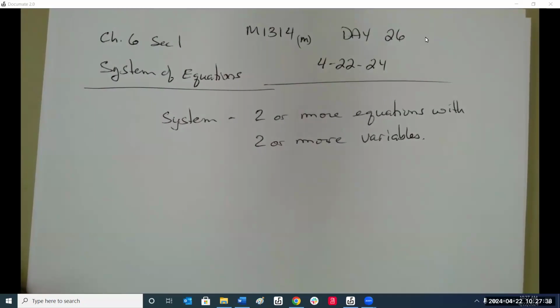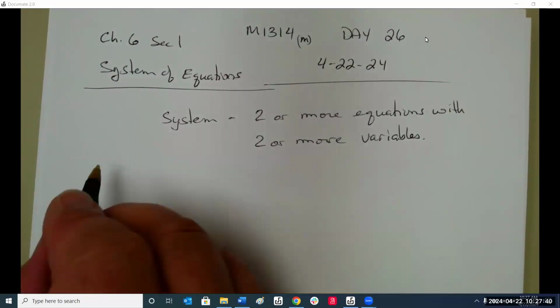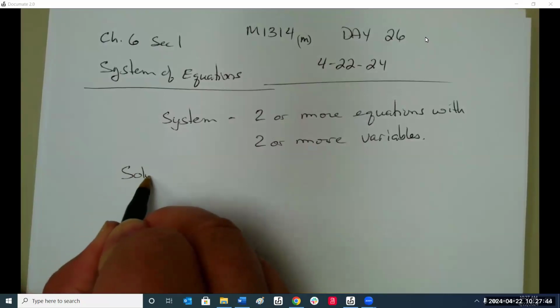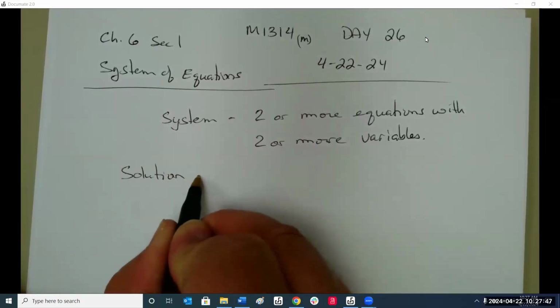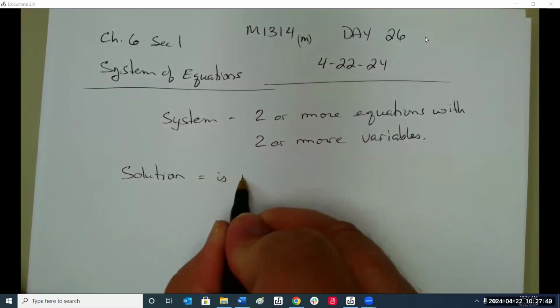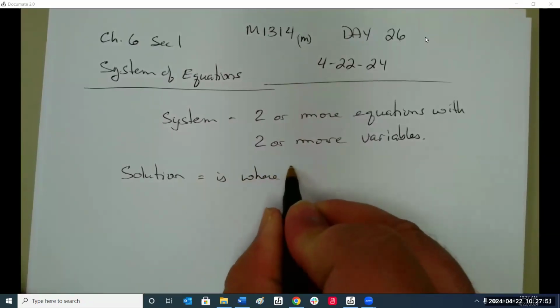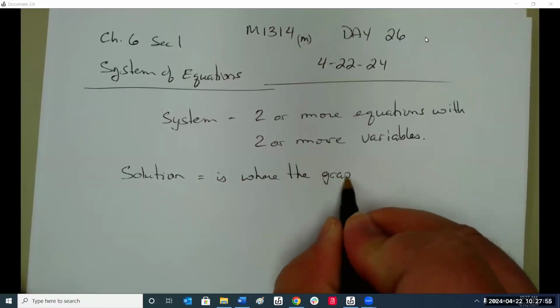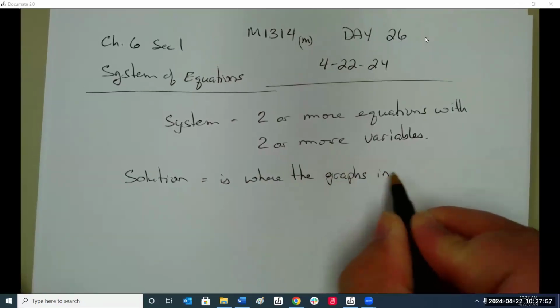What that means, a solution is where the lines or where the graphs intersect.